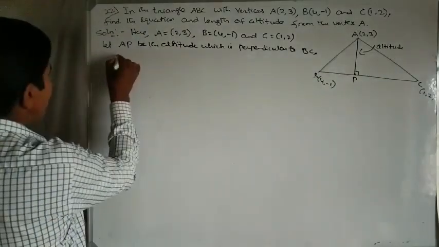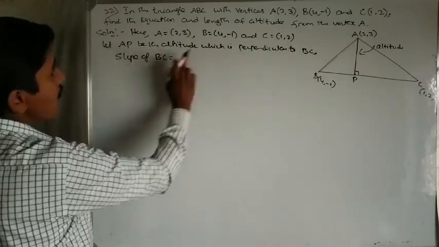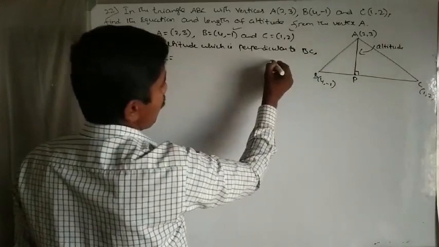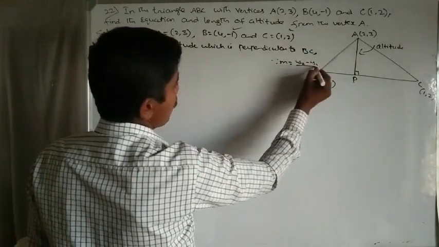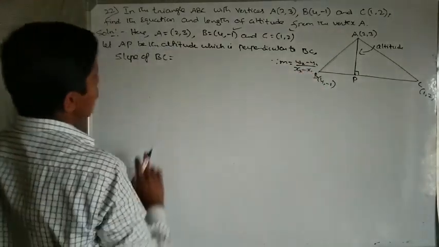Slope of BC is equal to the slope of the line passing through 2 points, which is given by the formula. We know that slope is equal to y2 minus y1 divided by x2 minus x1.